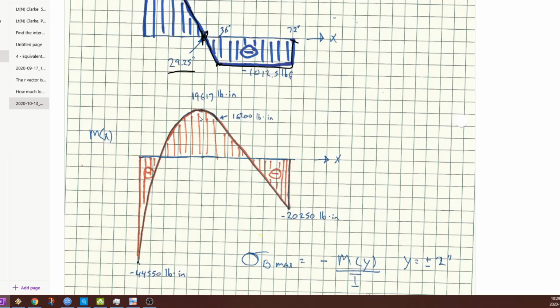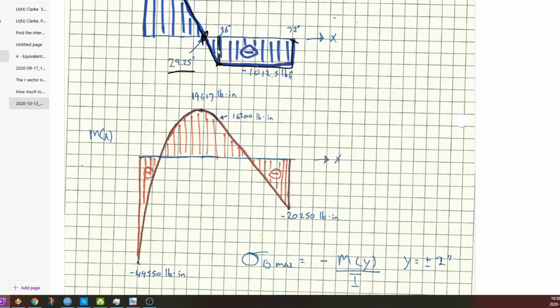So that is going to be a decrease from that maximum based upon the area of this little triangle here. So the area of that triangle there is just going to be the 1012.5 pounds times this distance here, which is going to be 6.75 inches, divided by 2.